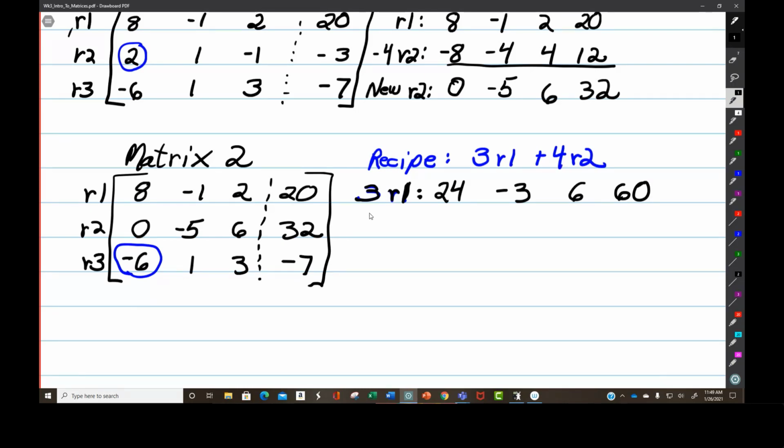And 4 times row 2. 4 times negative 6 is negative 24. 4 times 1 is 4. 4 times 3 is 12. And 4 times negative 7 is negative 28.